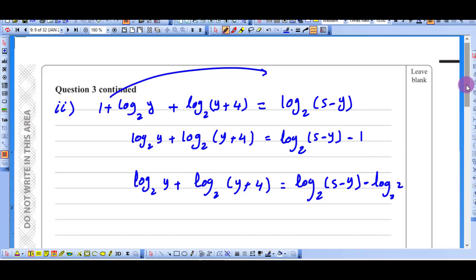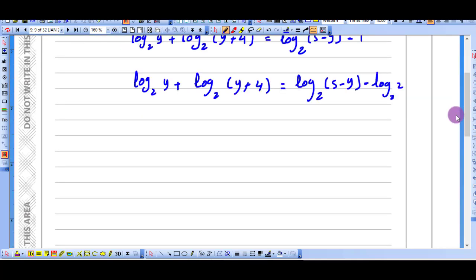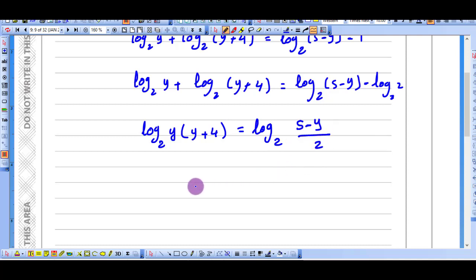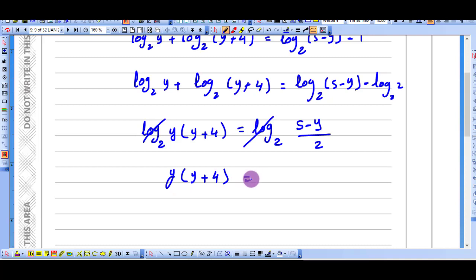Now plus means multiply, negative means divide. So we will have here log base 2 of y times y plus 4 equal to log base 2 of 5 minus y divided by 2. Let us remove log now. So y times y plus 4 is equal to 5 minus y divided by 2.